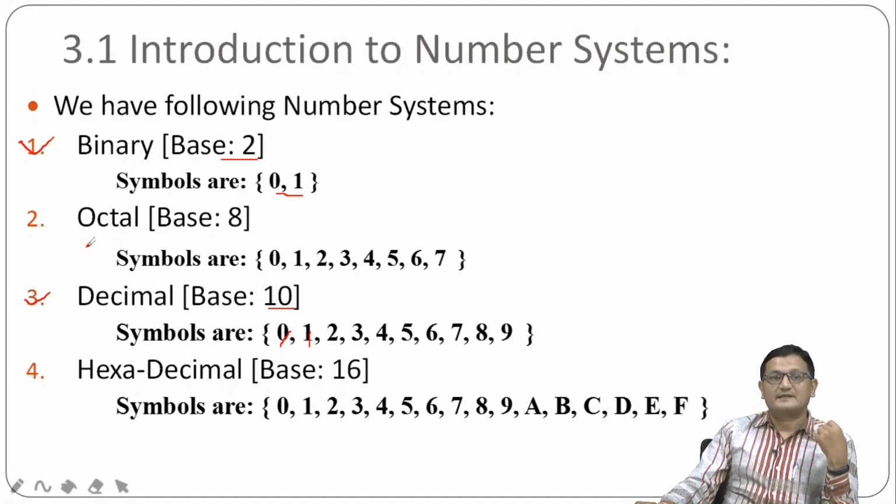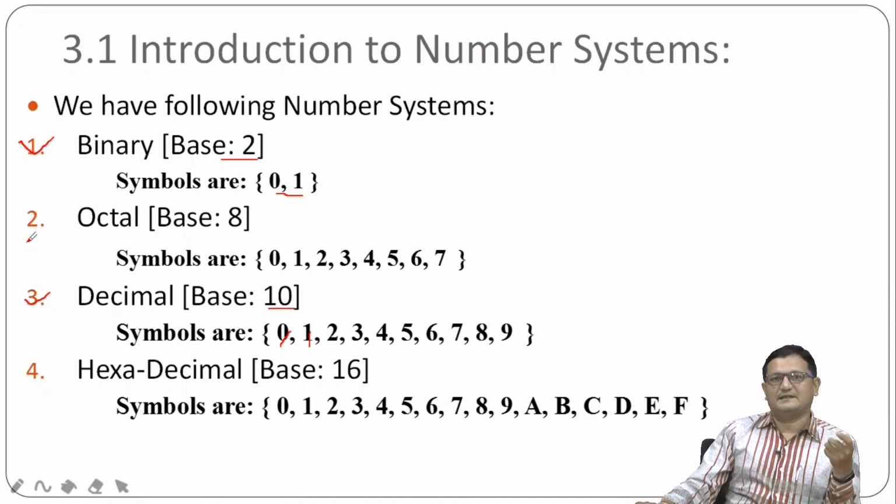right? Second, there is the decimal number system, which we humans are using in our day to day life, right? And that uses 10 symbols, 0, 1, 2, 3 up to 9. Total 10 symbols, that is why the base of the decimal number system is 10. Similarly, apart from these 2 numbering systems, binary and decimal, there are 2 more systems.